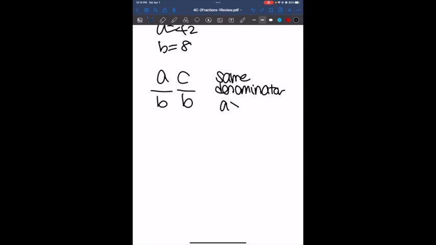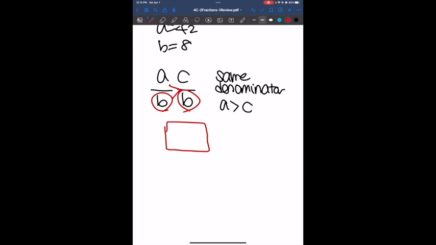In this case, a is greater than c, which means that this fraction is bigger. So when the denominator is the same, the fraction with the larger numerator, the larger top number, is going to be larger. That is because we're dividing a larger amount by the same amount.